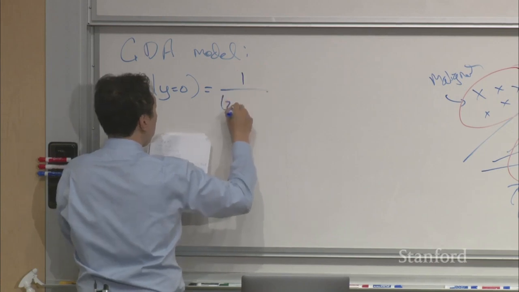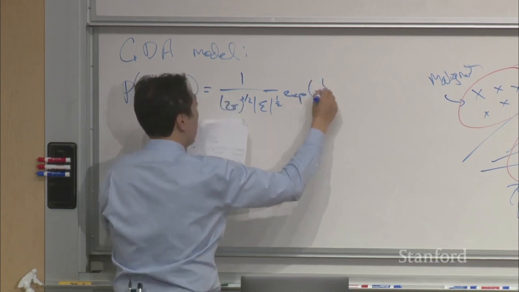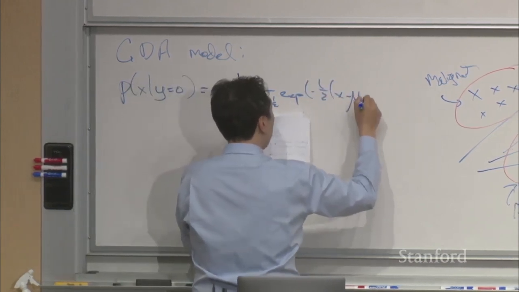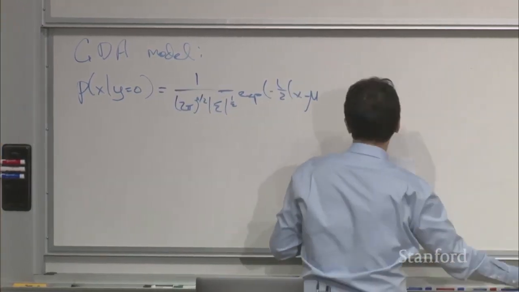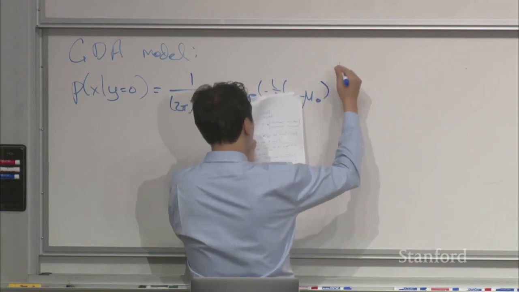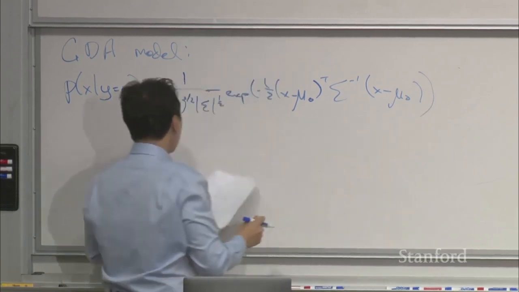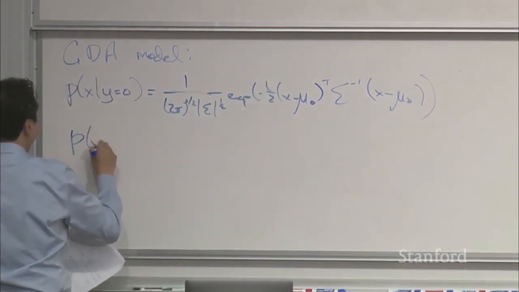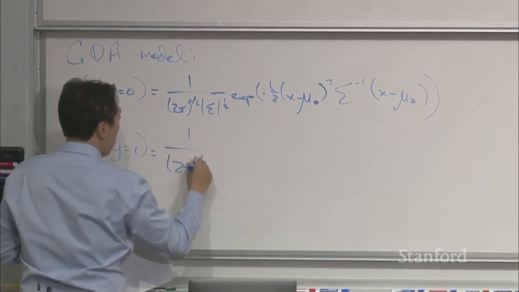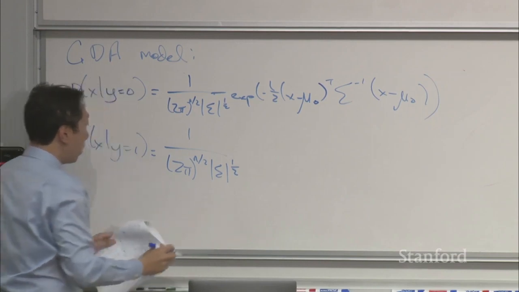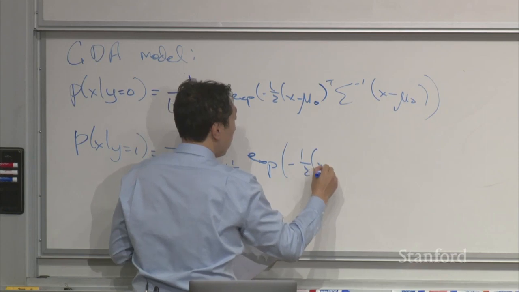So I'm just going to write out the formula for Gaussian. And then similarly, I'm going to assume that if it is a malignant tumor, so if y is equal to 1, that the density of the features is also Gaussian.